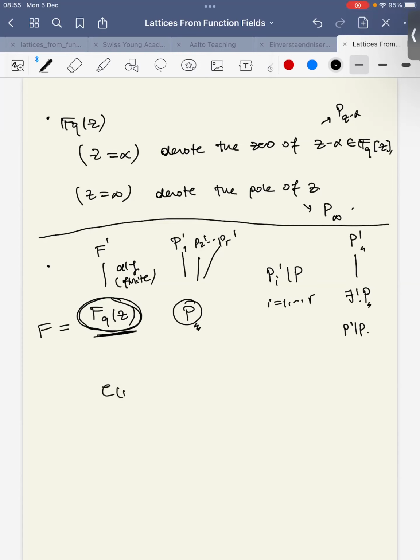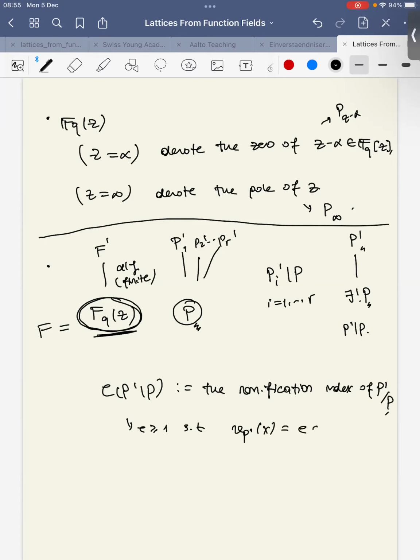And recall that we related these two places with some invariants. The first invariant was the ramification index. It depends on the places P and P prime, and it was defined as the positive integer which gives us the equality between the valuation of a non-zero function in the base field F with respect to P and the valuation with respect to P prime.